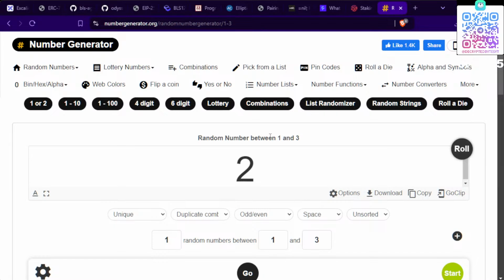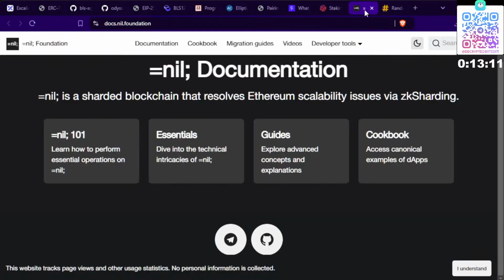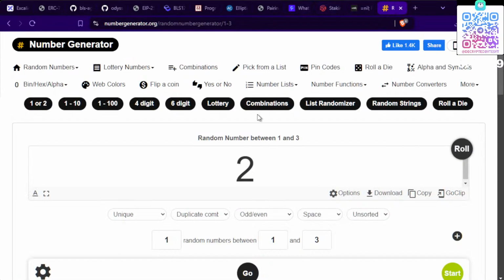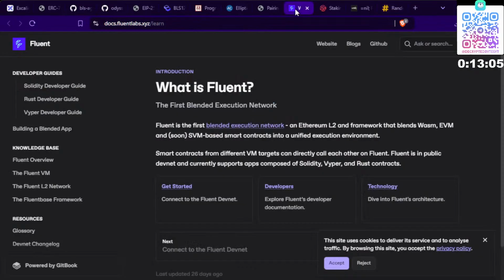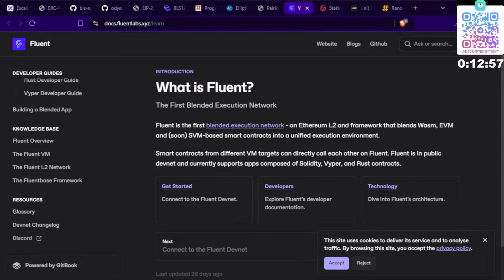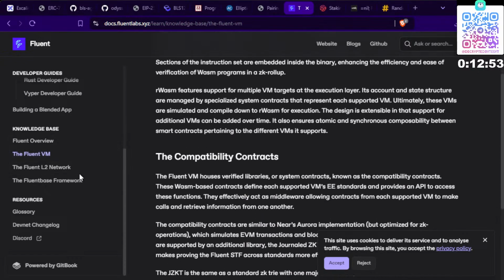Liquid staking. Cool. Okay, let's line them up: 1, 2, 3. Can we roll? 1. Fluent. Okay. Tomorrow we are checking out Fluent and trying to understand how Fluent works.